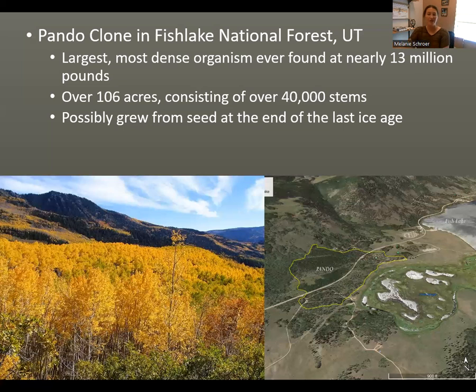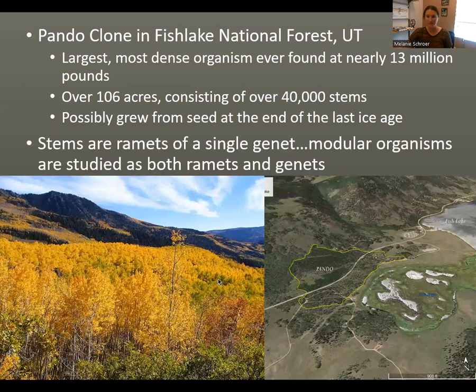It's thought that Pando actually grew from a seed at the end of the last ice age, and it just keeps on sending up new shoots and is seemingly immortal. Really cool stuff, discovered in the 70s to be one single organism.